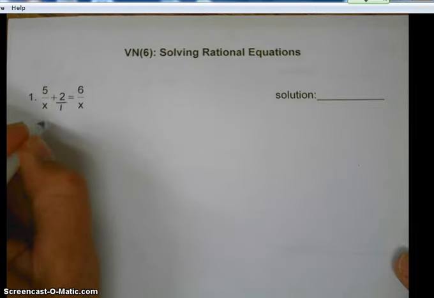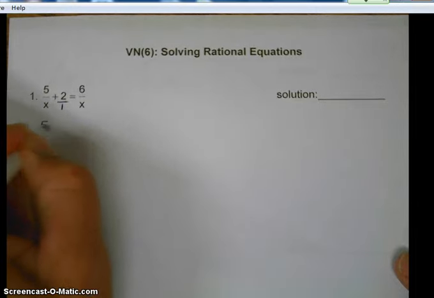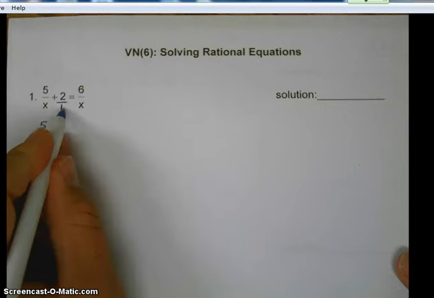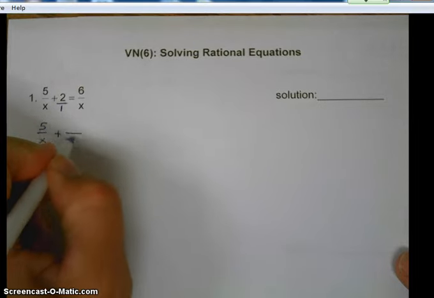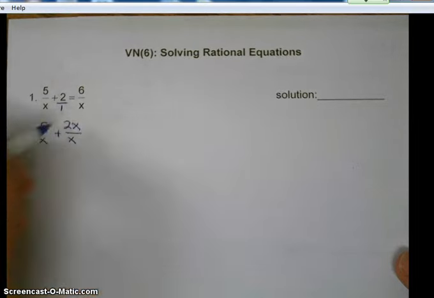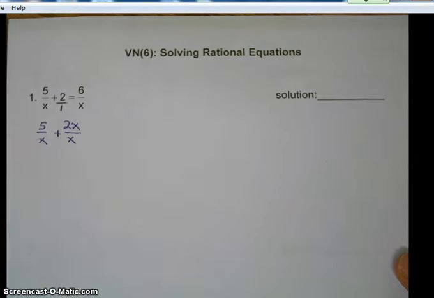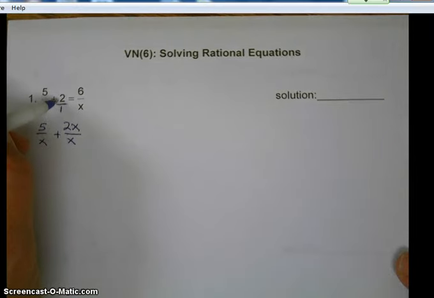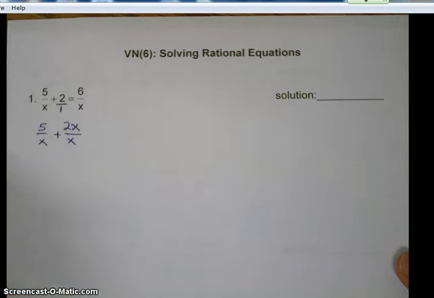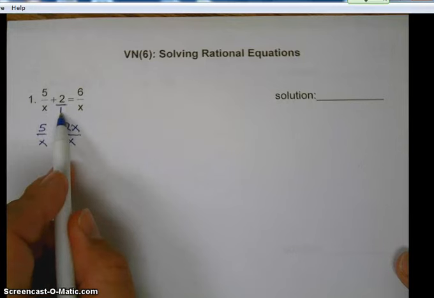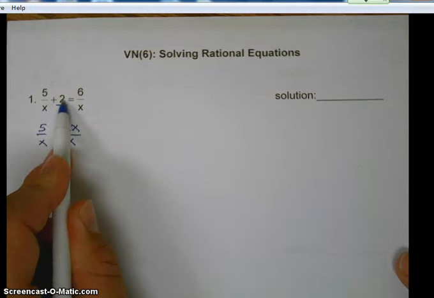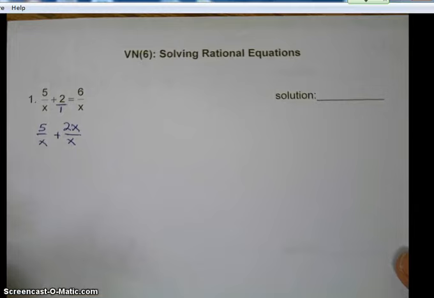So we're going to have 5 over x plus, and since this denominator needs an x, I also have to put that on the numerator. I really haven't changed the number 2 because x divided by x is still 1. Those cancel and leave us with 2. Whatever we need in the denominator, we also need to put in the numerator as multiplication.